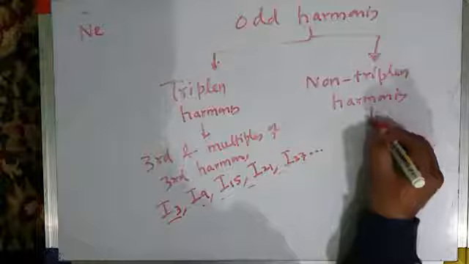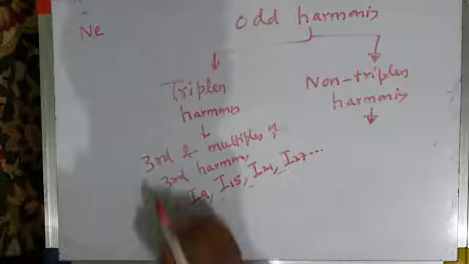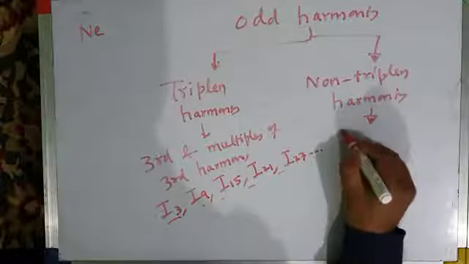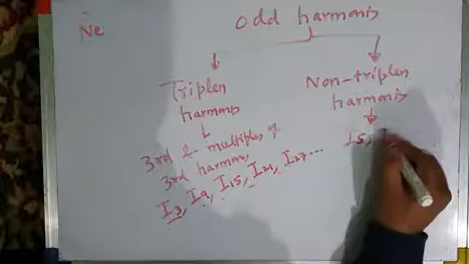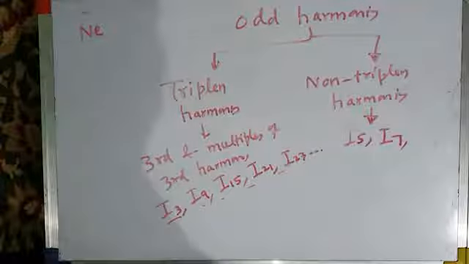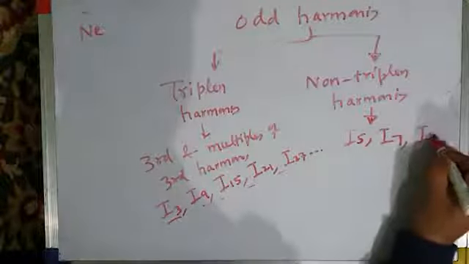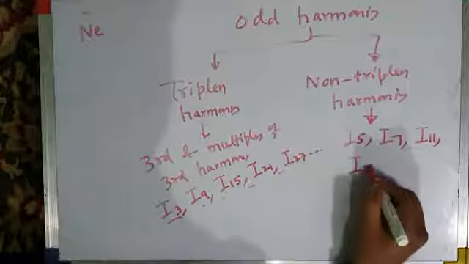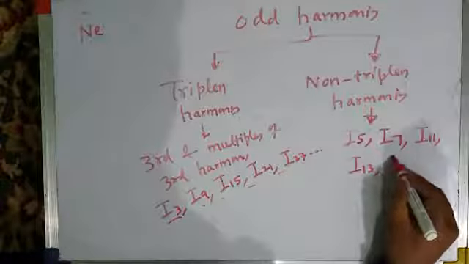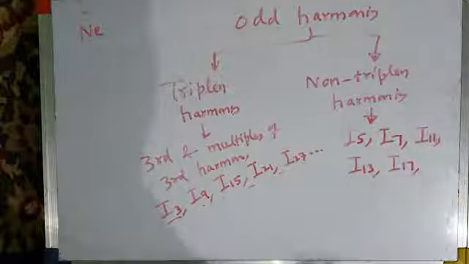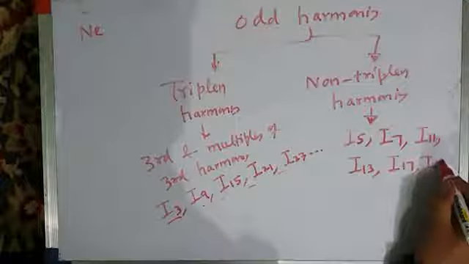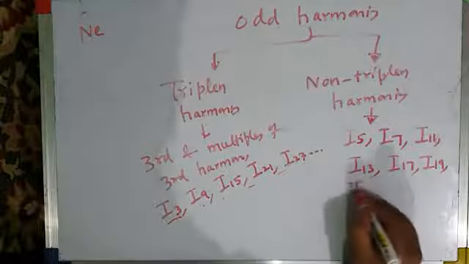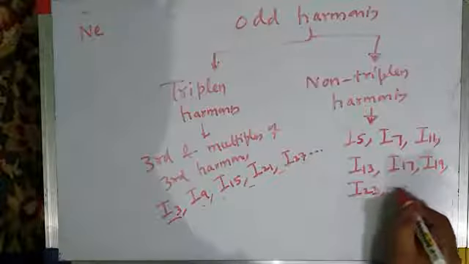And the other harmonics which are not a multiple of 3 are called non-triplen harmonics, like the 5th harmonic, which is not a multiple of 3. The 7th harmonic is not a multiple of 3. The 11th, the 13th, the 17th, the 19th, the 23rd harmonic are not multiples of 3, and so on.